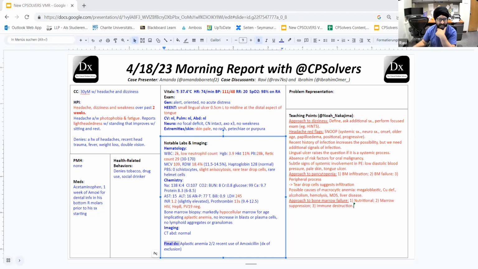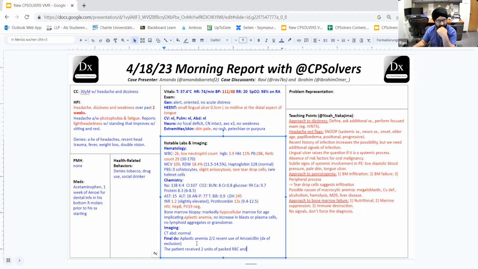But I couldn't really fathom that this was going to develop into severe anemia or pancytopenia. Something else to put on my reading list: amoxicillin-associated bone marrow suppression. Great case, it really did tie my brain into knots.